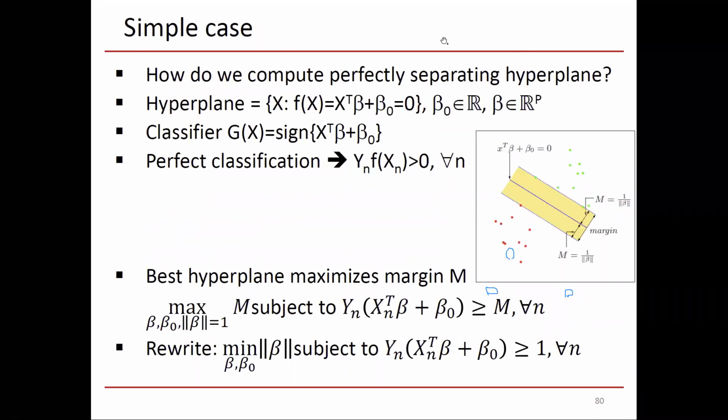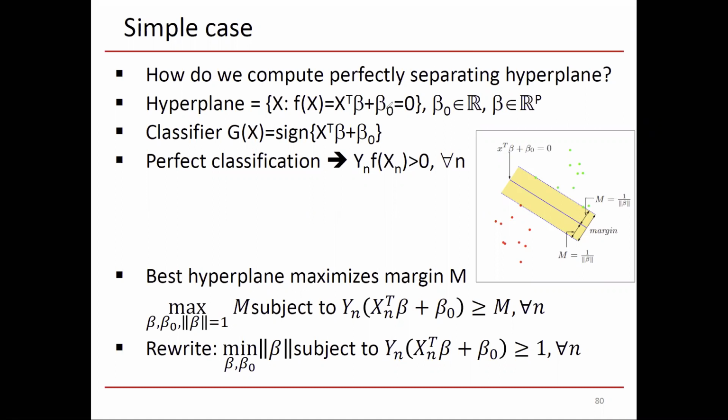We're going to begin with a simple case, and I just realized that I didn't delete my sketches. There we go. How do we calculate a perfectly separating hyperplane? A hyperplane is a function f of x, where x transpose beta plus beta 0 is equal to 0. Beta is a vector in R^P, assuming a p-dimensional space x, and beta 0 is a constant.